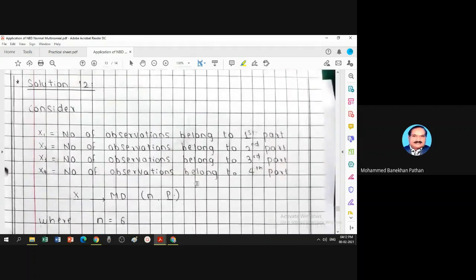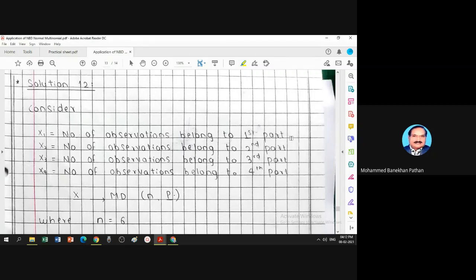Question number 12. X1 is the number of observations belonging to the first part. What is the first part? The interval is 0 to 1, divided into 4 equal parts.